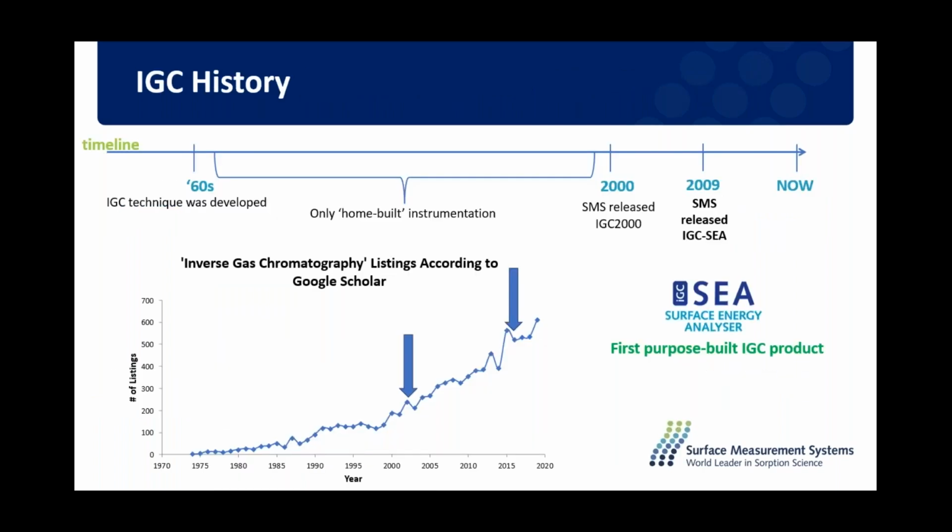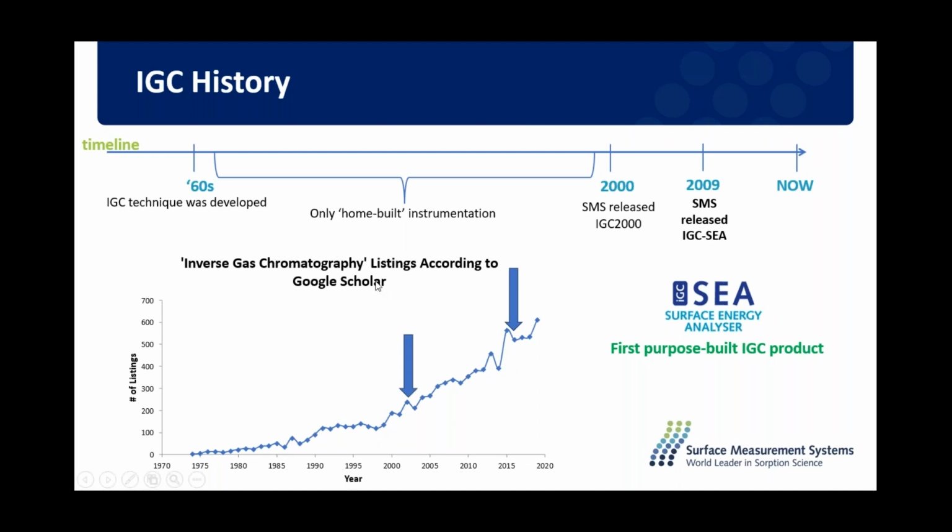Inverse GC is a technique that is not new. It's been around since the 1960s. Here is a histogram of some IGC publications as noted by Google Scholar. If you do an inverse gas chromatography search, you'll see over the last 20 to 25 years a relatively steep uptick in the number of publications.